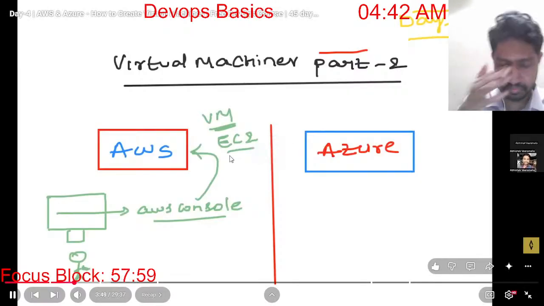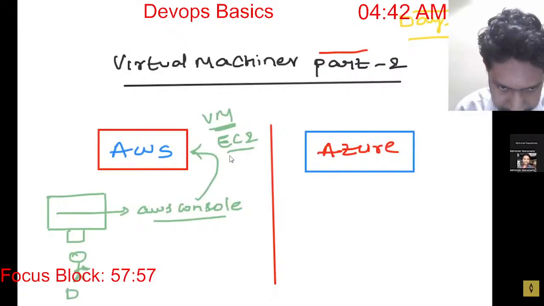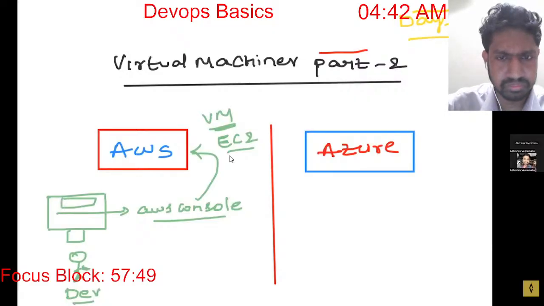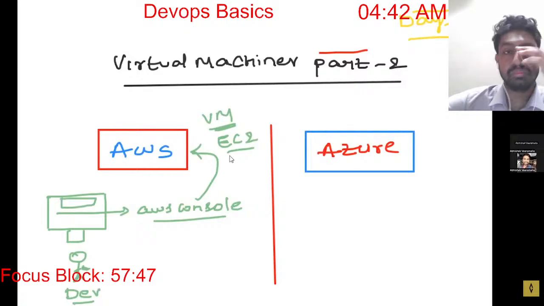For the theoretical understanding, there is a developer, a person called Mr. X, and what Mr. X would do is, sitting in front of his laptop, open his favorite browser and search for the AWS console. Once he goes to the AWS console, he can make a request to AWS through the UI to create a virtual machine or EC2 instance.